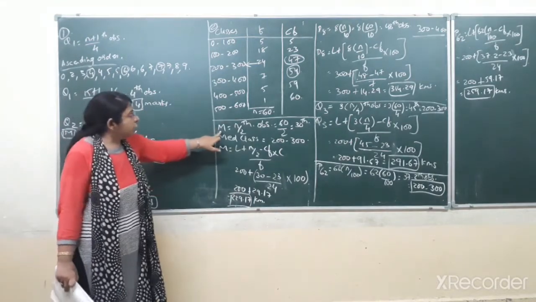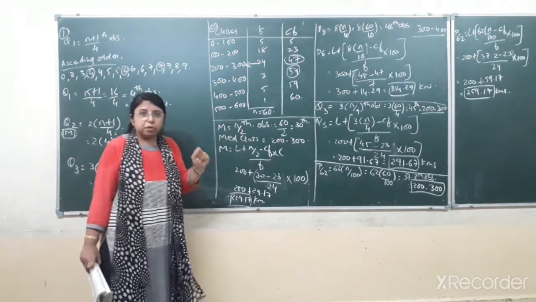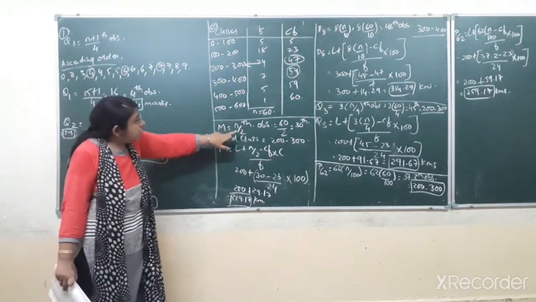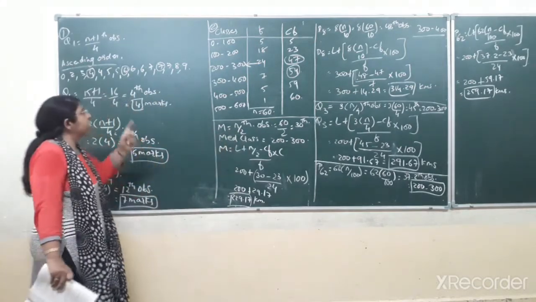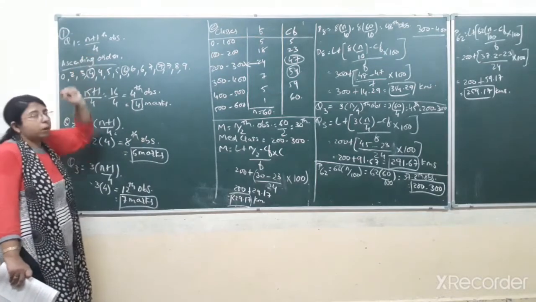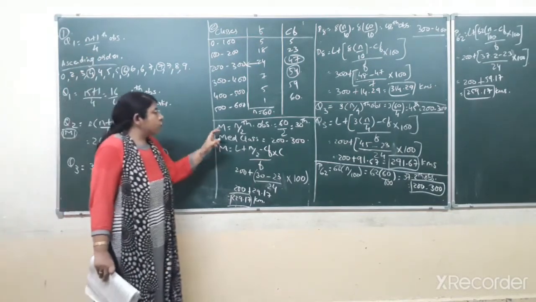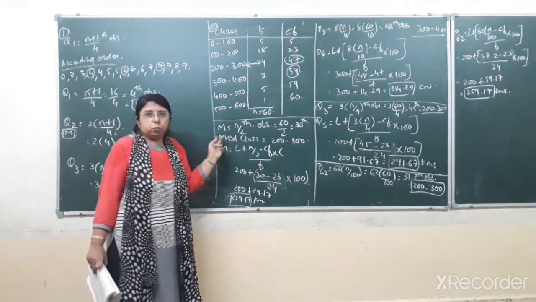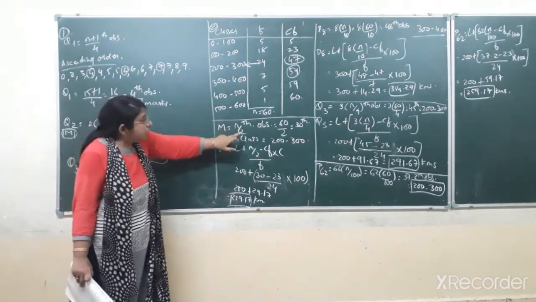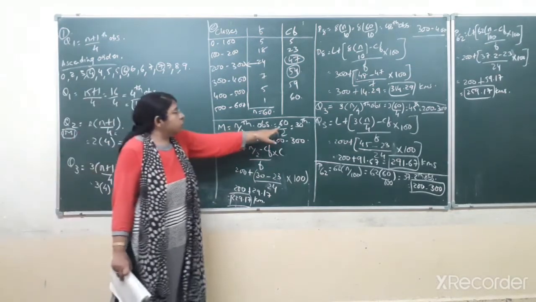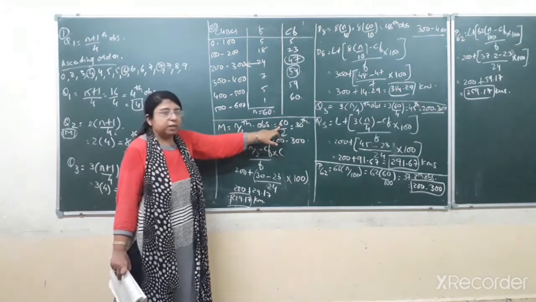First of all, in case of median, in order to find the median class, you have to apply the formula n by 2. In case of raw data, we apply the formula n plus 1 by 2. In case of continuous frequency distribution, we have to apply n by 2. The number of observations, n, is equal to 60.